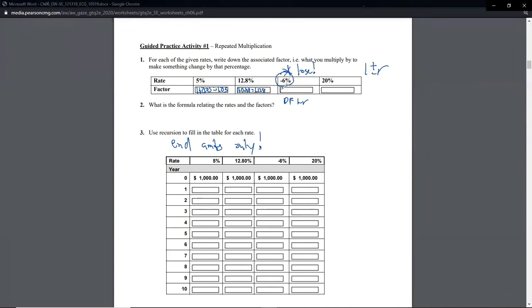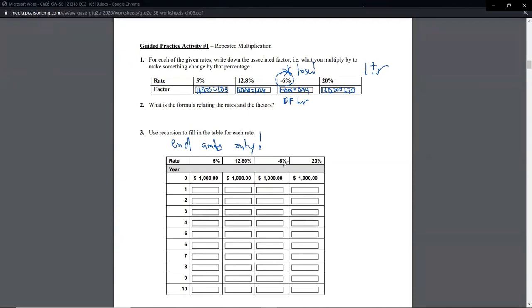If you're doing 1 minus 0.06, that's actually 0.94. So growth is always 1 and then a decimal. Decay, it means it's going to be less than 1 because we're losing money. So multiplying by a number less than 1 is what causes the loss. And then with 1 plus 0.20, that's 1.20 or just 1.2.